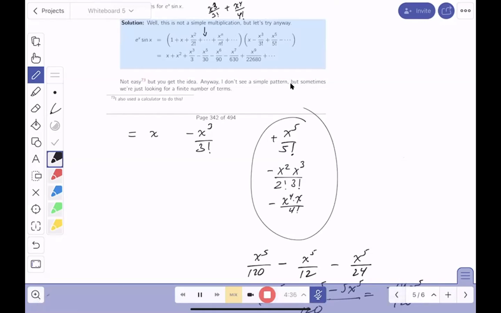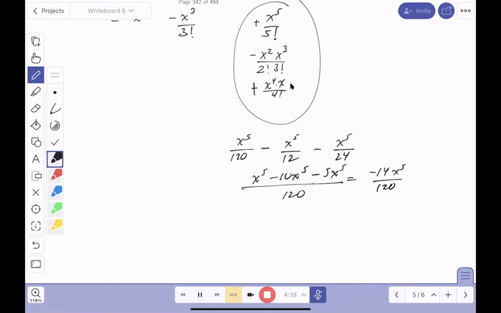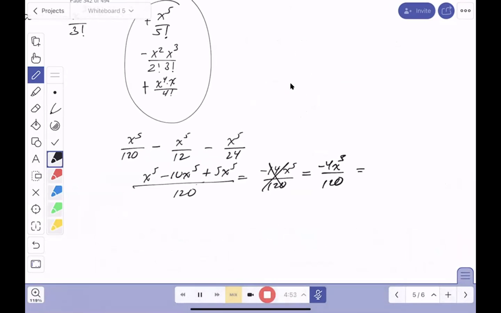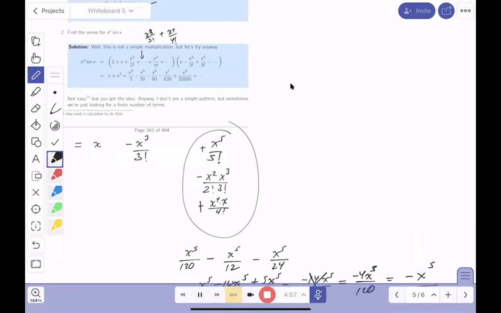I'm sorry, it's plus. So it's going to be 6. Let's see, minus 5. Oh, minus 4. I'm sorry. It's tedious, all right. So what's that going to be? Minus x5 over 30.